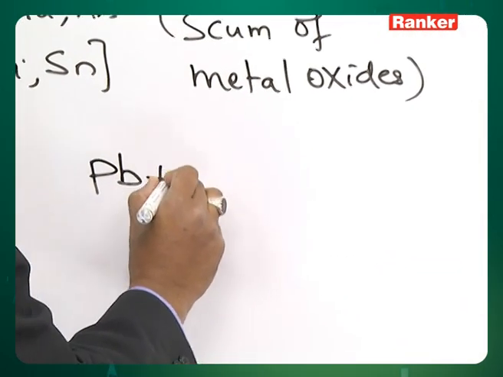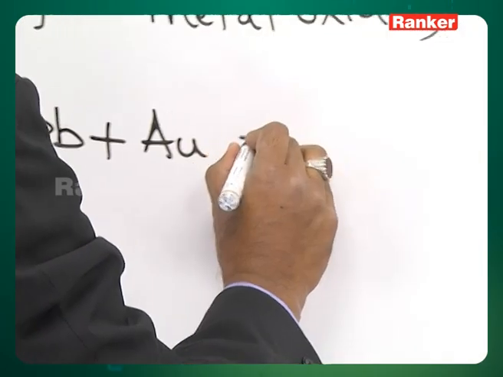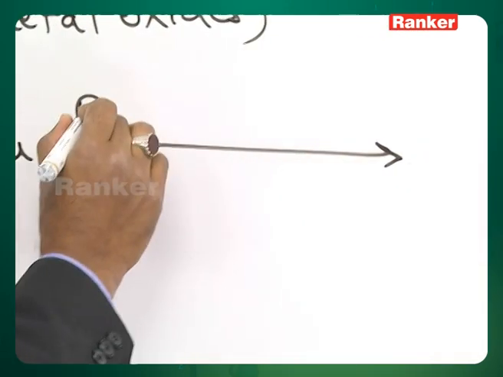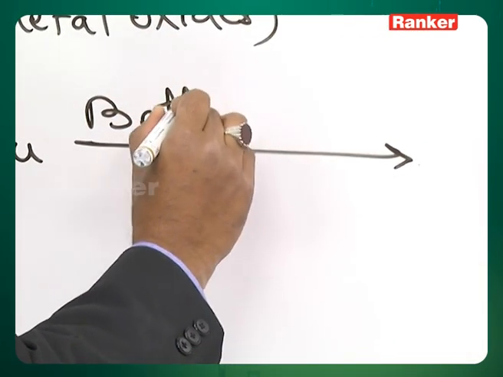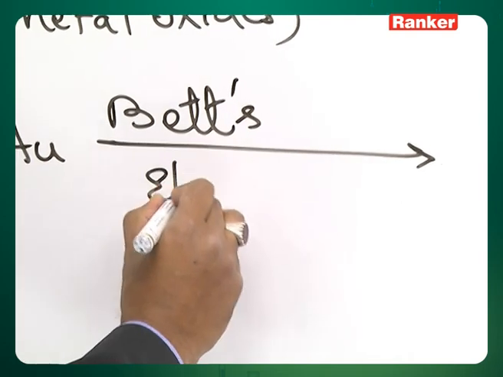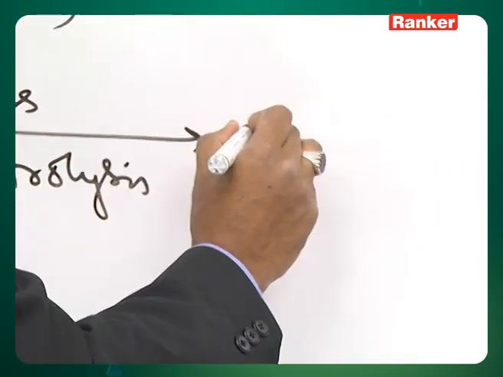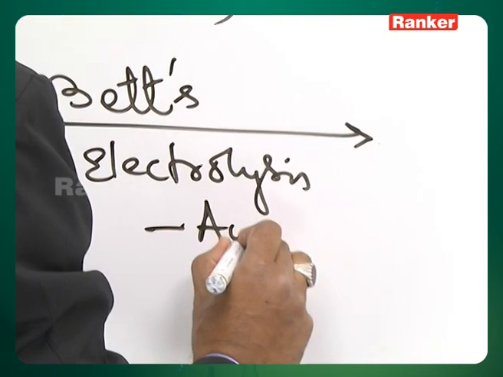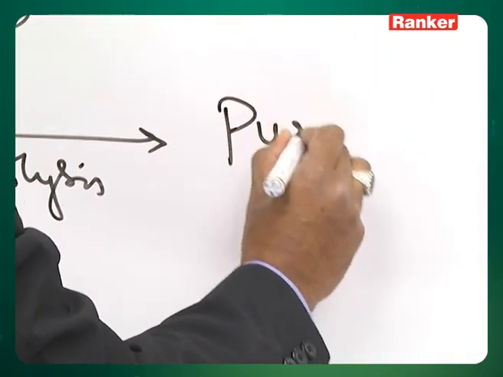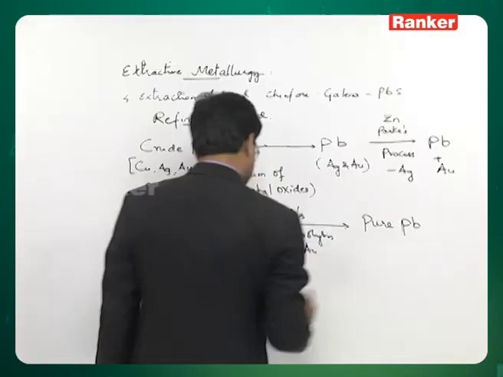Lead plus gold, you do Betts electrolysis. This will remove gold and you get pure lead.